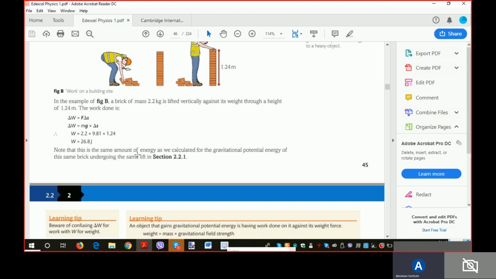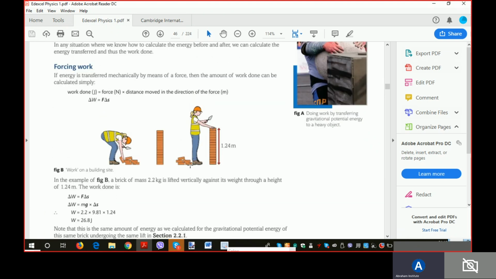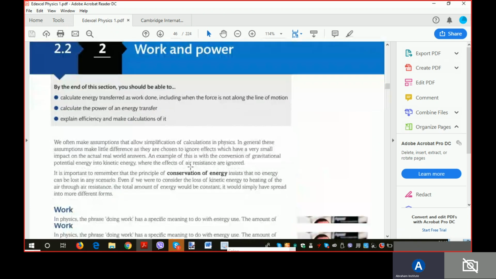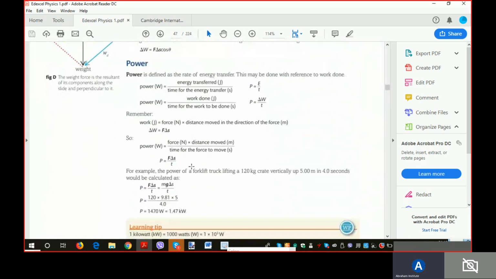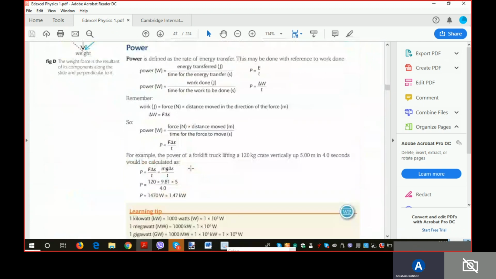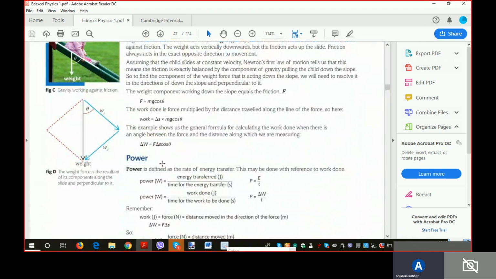Note that this is the same amount of energy as we calculated for the gravitational potential energy of this same brick undergoing the same lift in section 2.2.1. Now, if the forces are acting at an angle, then you have to resolve the forces at that angle and then get the value.